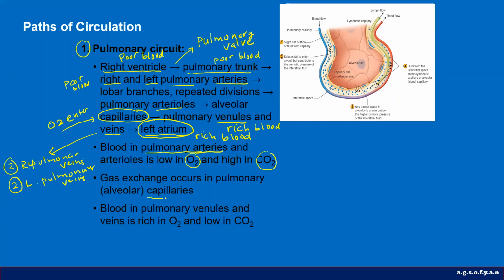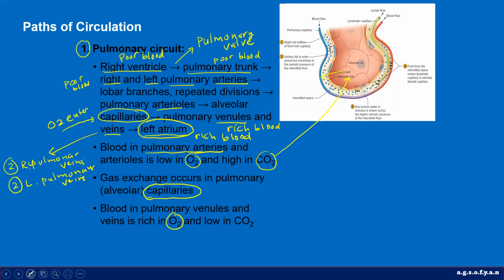Gas exchange will happen in the capillary. Carbon dioxide will go to the lungs, while the oxygen will enter into the capillary, into the veins, and finally will enter into the left atrium. So the rich blood will enter into the left atrium.